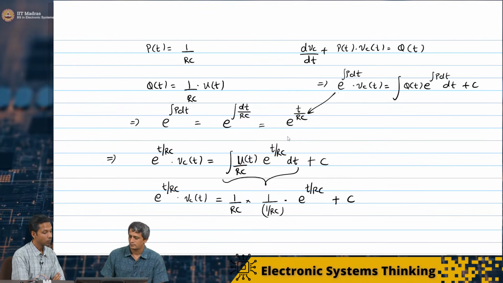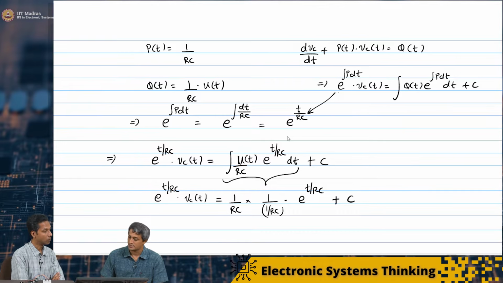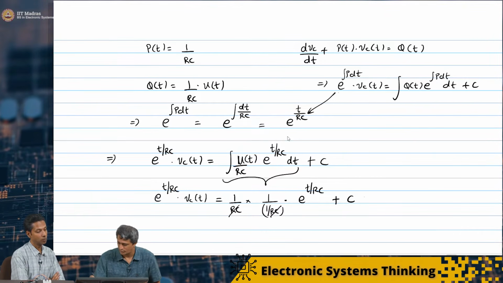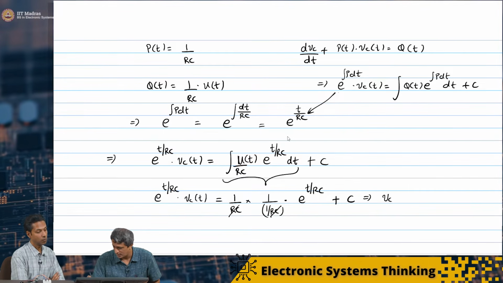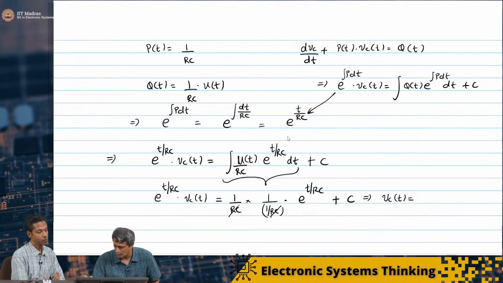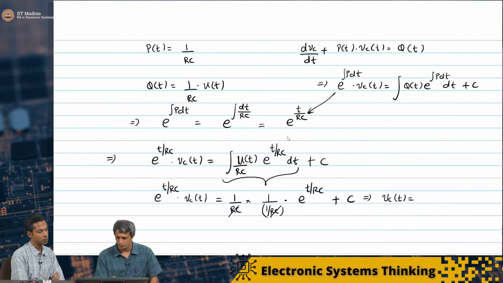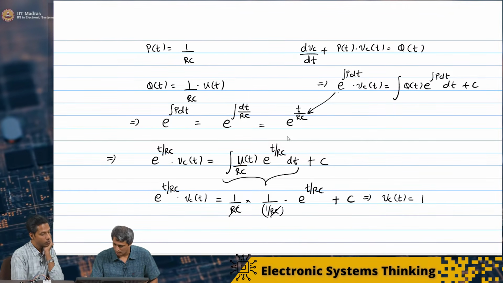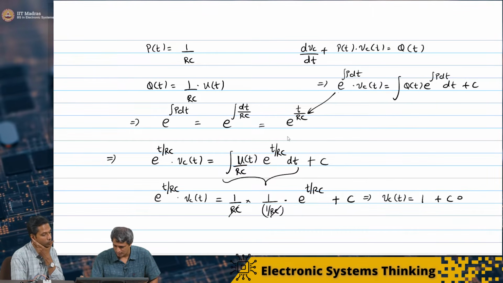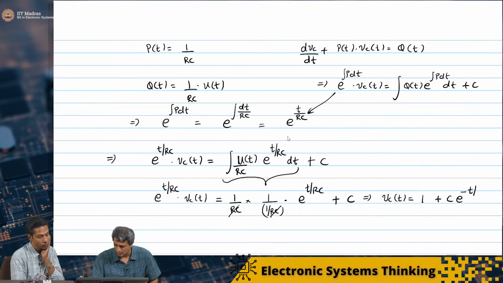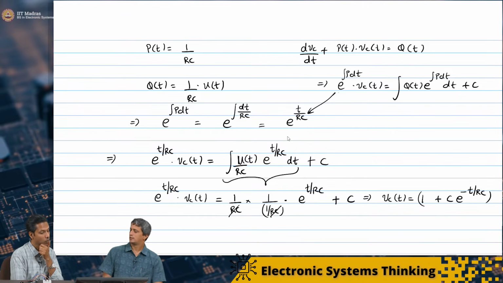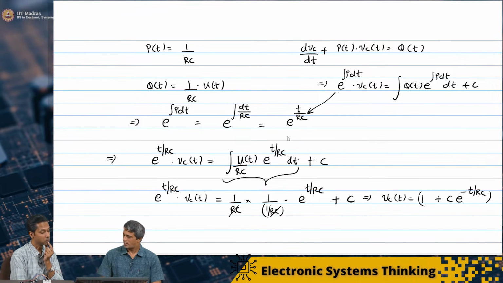The RC will cancel here, which implies Vc of t equals e power t by RC, and dividing on both sides, I will get 1 plus C e power minus t by RC.